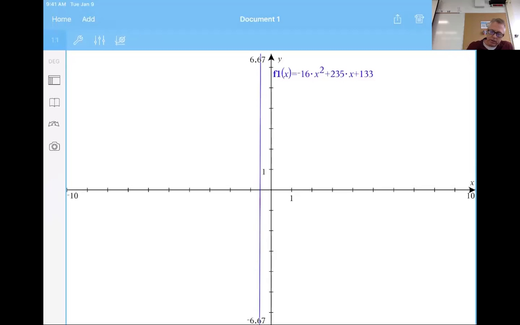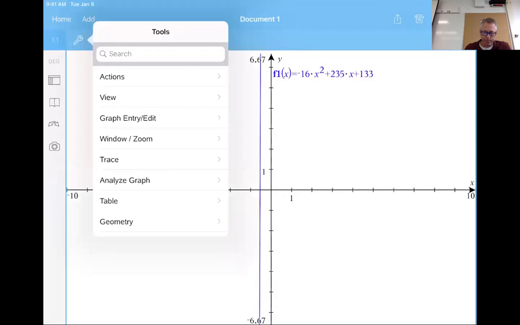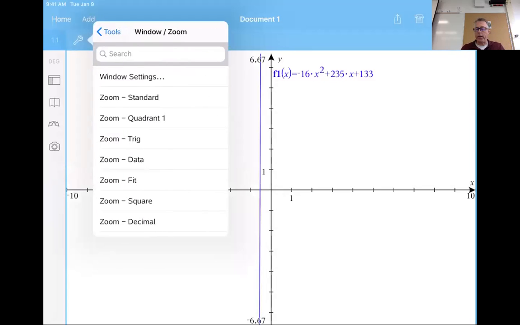The way I do that is under the toolbar in the upper left corner, I hit Tool and Window. On the app, I can't zoom out. You can on the handheld, but I'm just going to change the window setting because I really only care about moving the Y up.